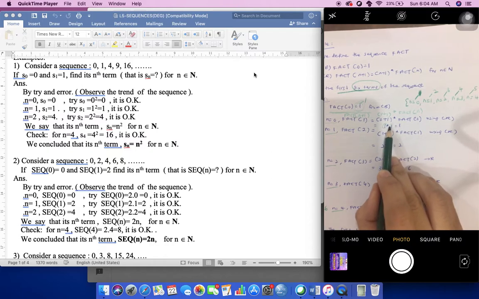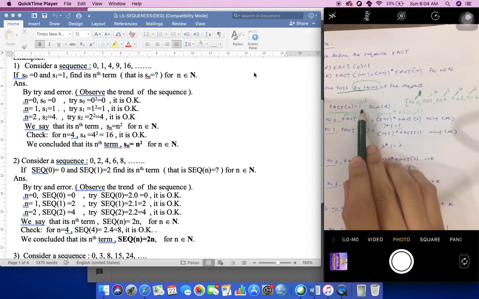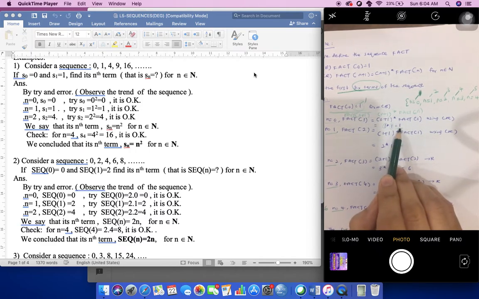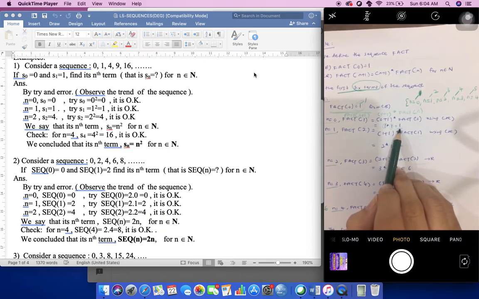So 1 times 1 is equal to 1. For the second term, we get 1. This one is for the first term, this one is for the second term.